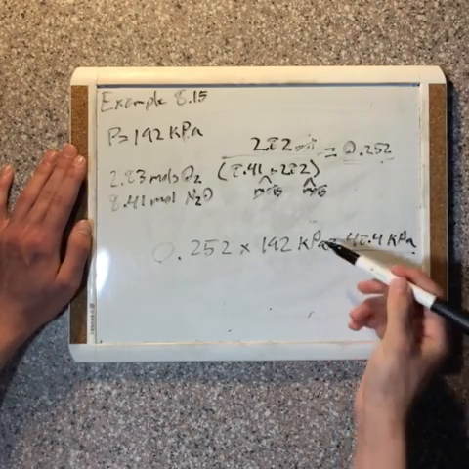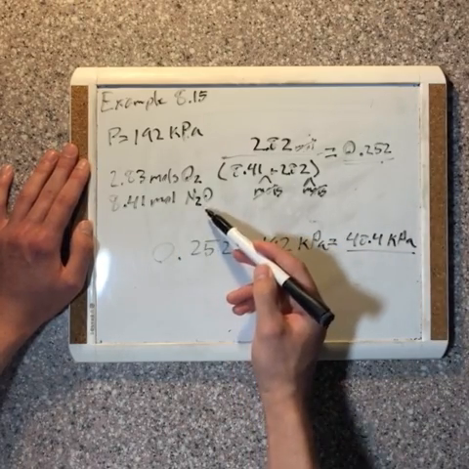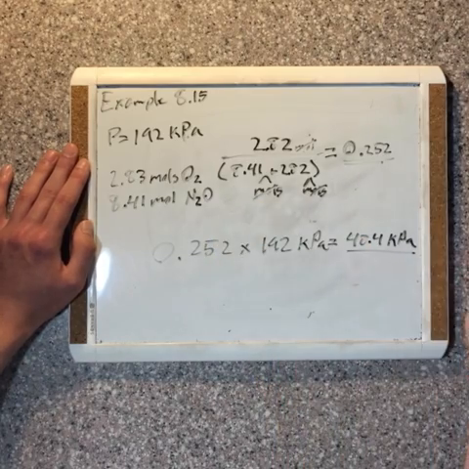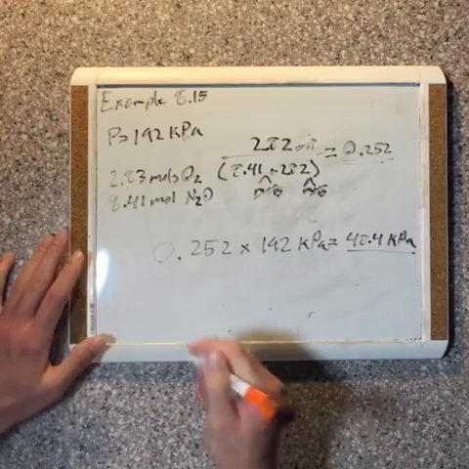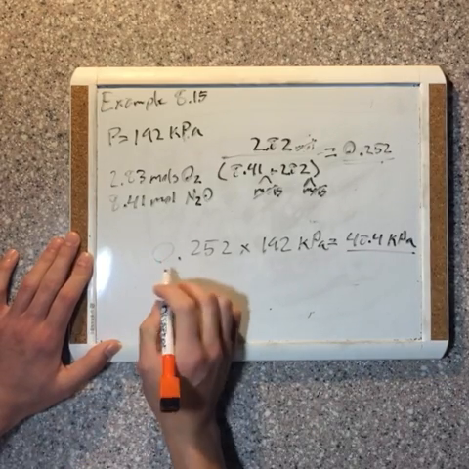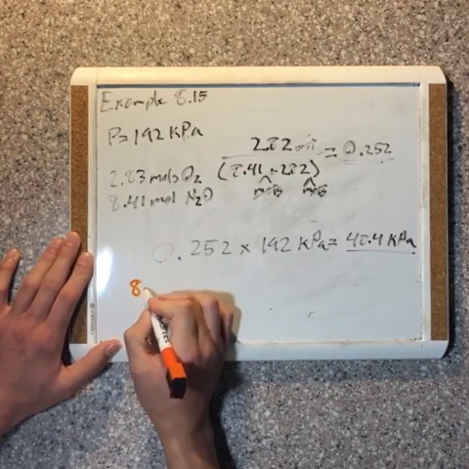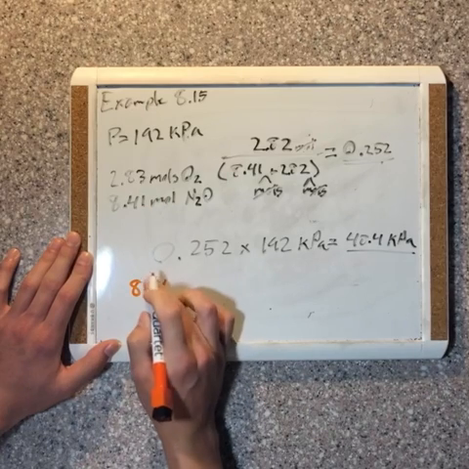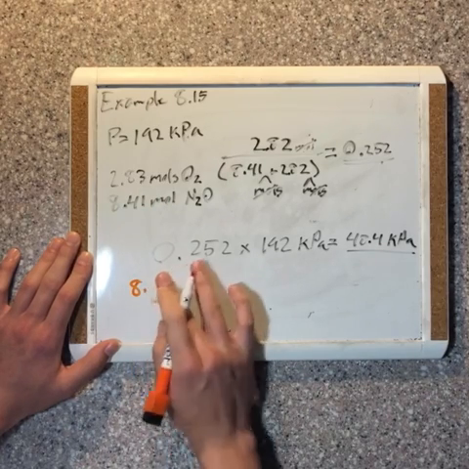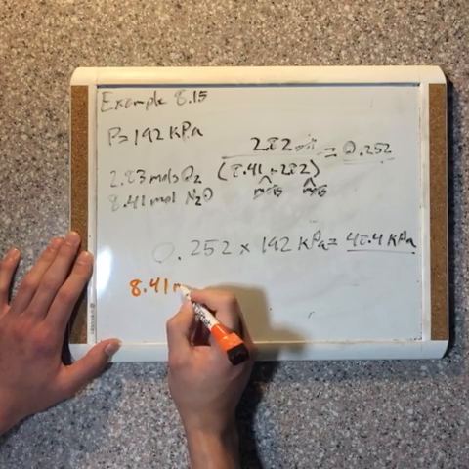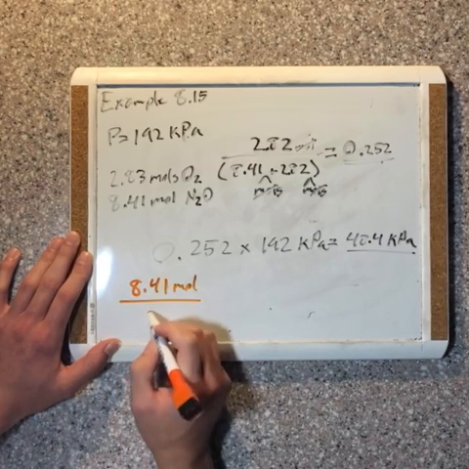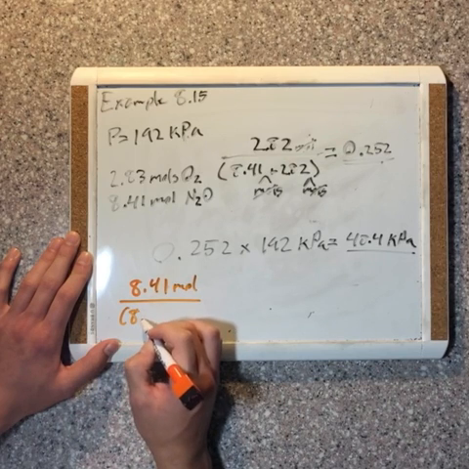Okay. So then all we have to do is the same thing for nitrous oxide. I'm going to get a different color since my marker's drying out. And that is going to be 8.41 moles divided by the sum of both.